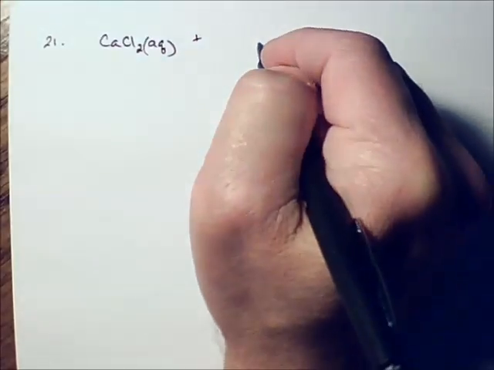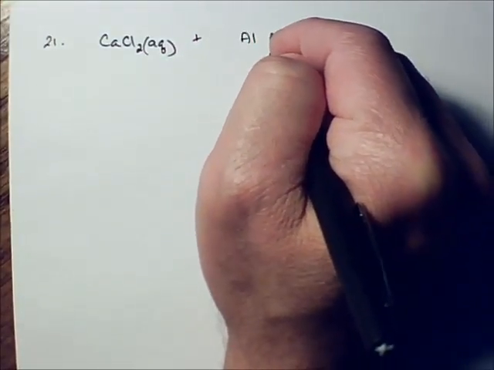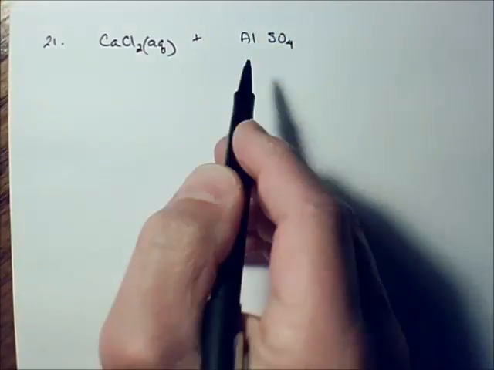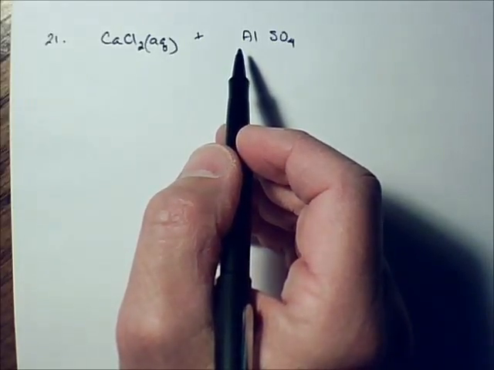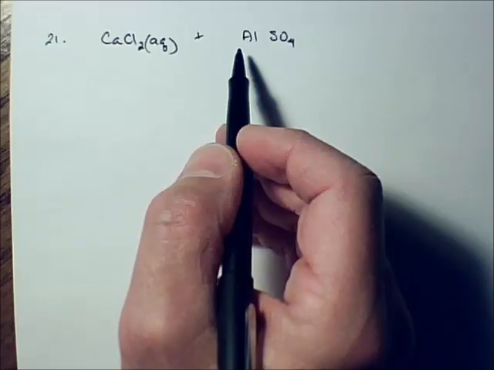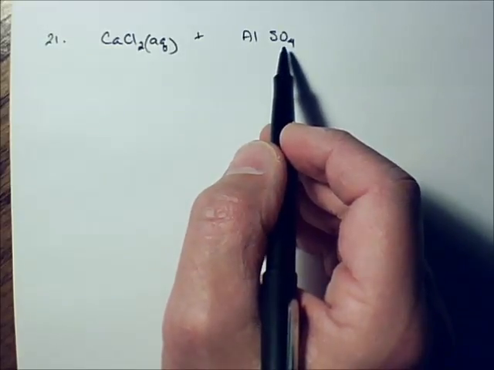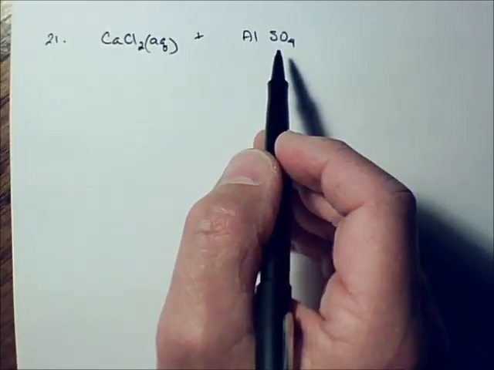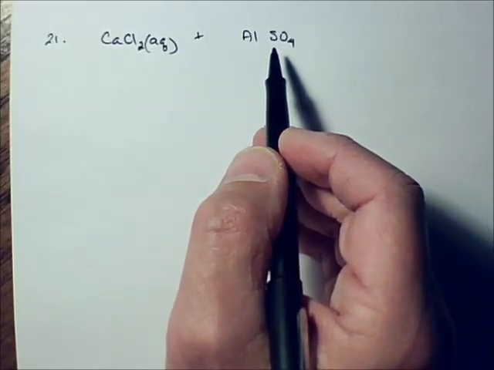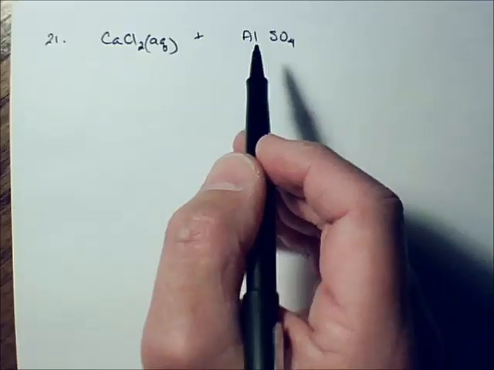And then we're going to have aluminum sulfate. Aluminum is an element. You look it up on the periodic table. It has a 3+ charge on the periodic table with oxidation numbers. Sulfate is a polyatomic ion, so you look it up on the common ions list, and you'll see that it has a 2 negative charge.